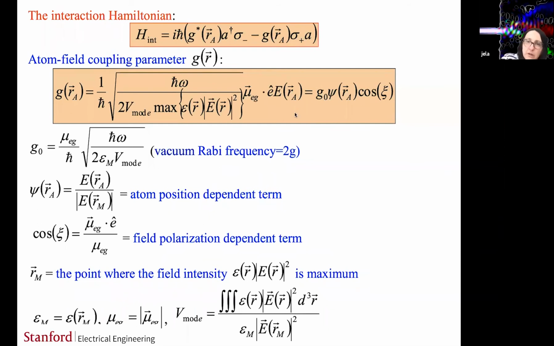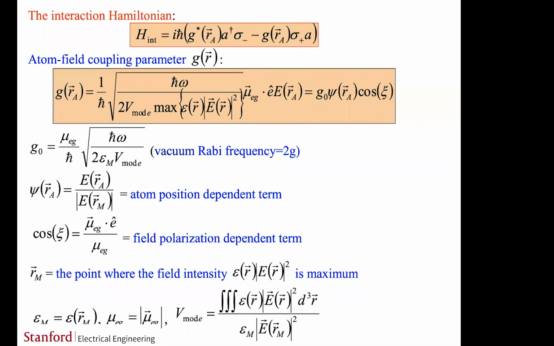If you put it into the point where epsilon E squared is maximum, but you misalign the atomic dipole moment from the electric field, you put the dipole moment so that it's orthogonal to the electric field, what's the interaction? 0. Zero, because of the cosine, right? This term would be zero, the dot product would be zero.